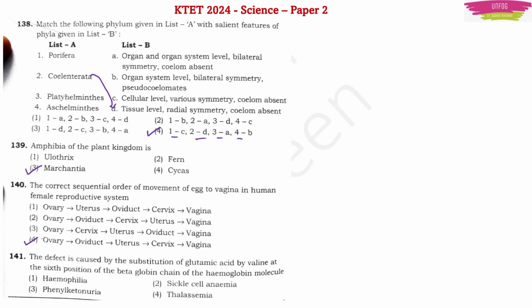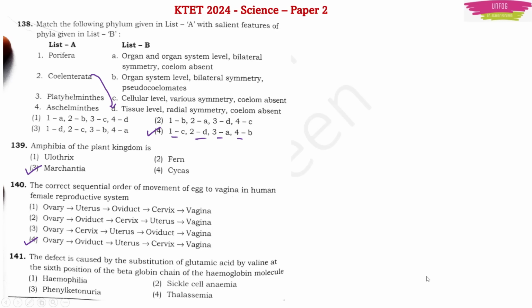It should be attached to the protein for things to go on smoothly. But in place of glutamic acid, if valine is attached, then our red blood cells, which are all disc shaped, right?